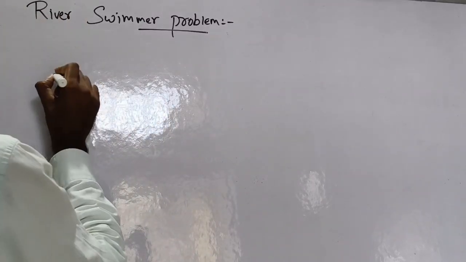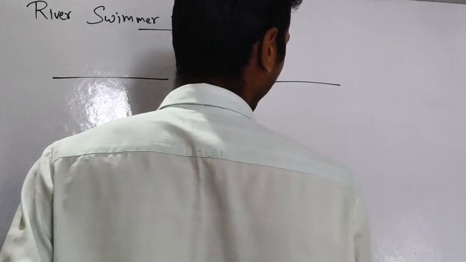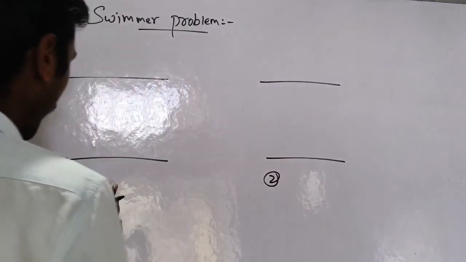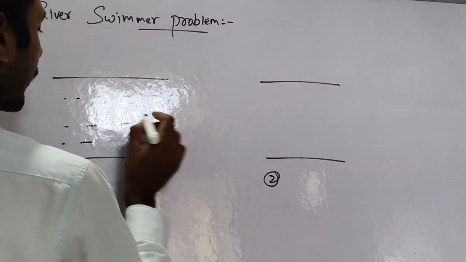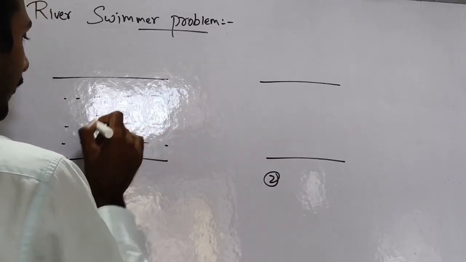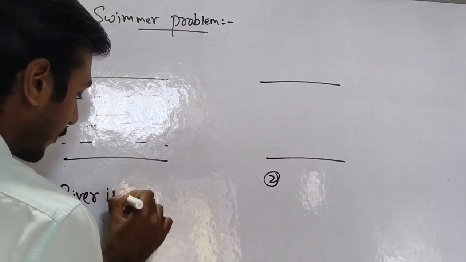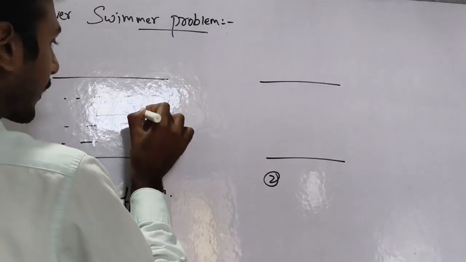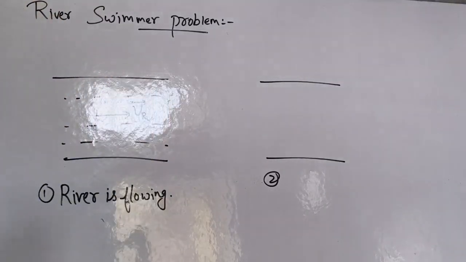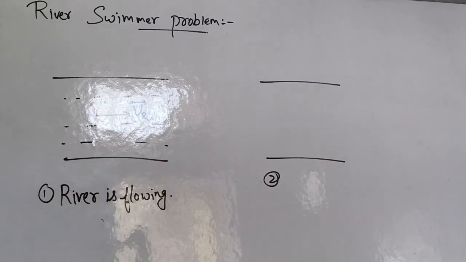So in this river swimmer problem, we have two cases. This is the first case in which the river is flowing. If the river is flowing, Vr vector is the velocity of the river.